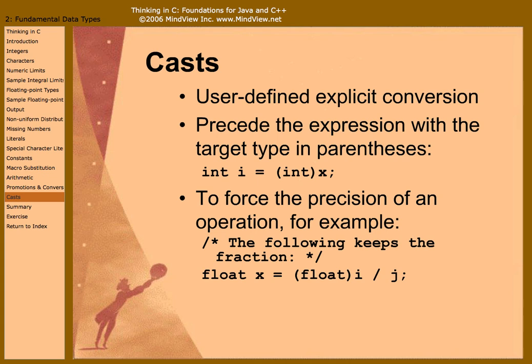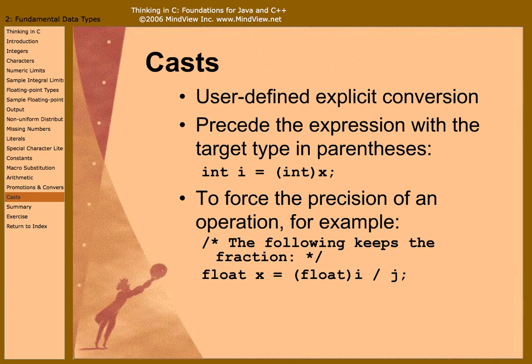Now, casts are commonly used when you want to force a particular type of arithmetic. So, for example, if I have two integers and I want to divide them and keep the floating point part, well, I need to somehow convert one or the other to a floating point number. That is sufficient to force floating point arithmetic. So here I have i and j, and they're both integers.